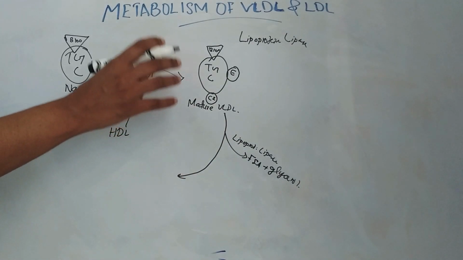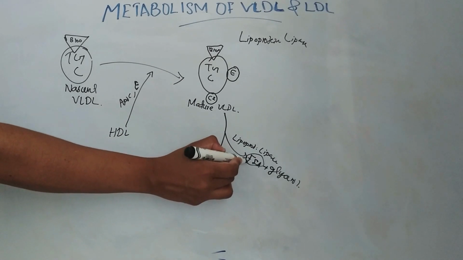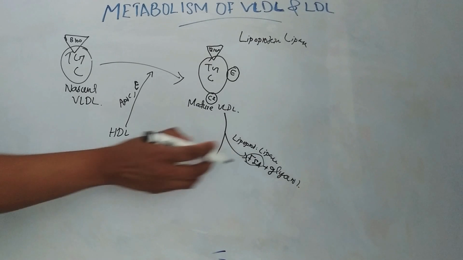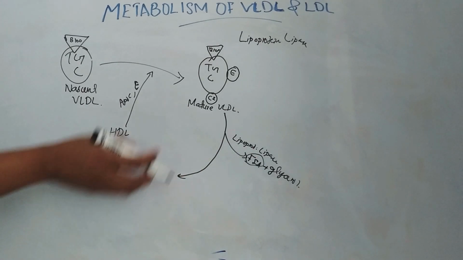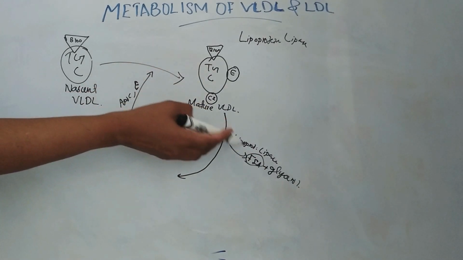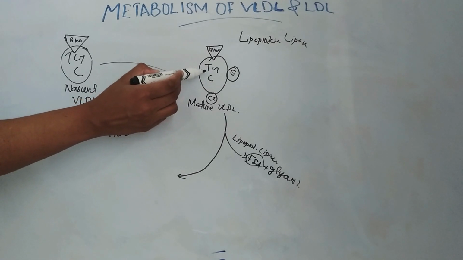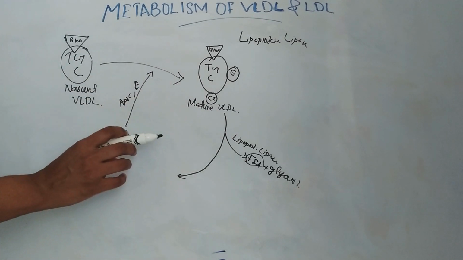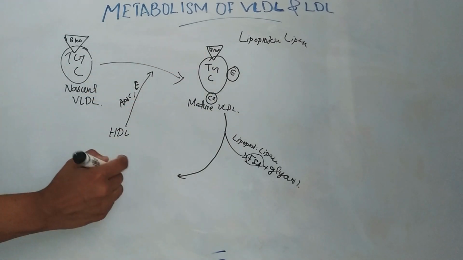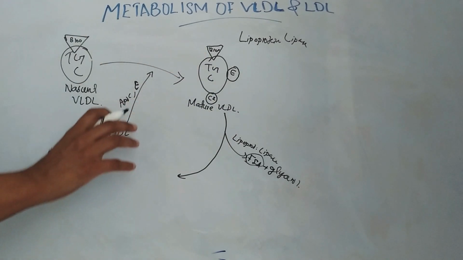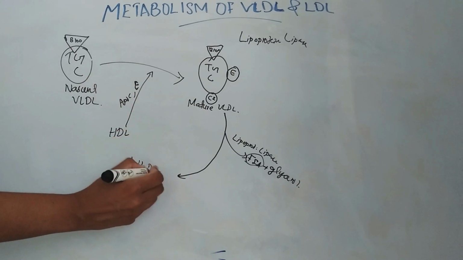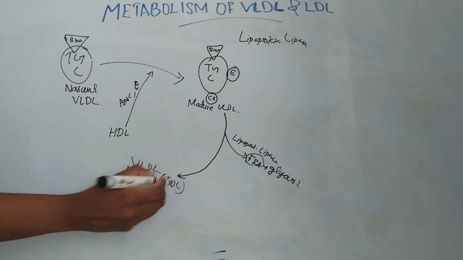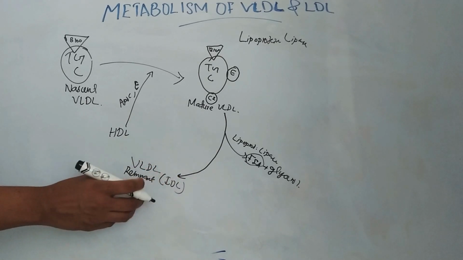Then most of the released free fatty acid is taken up by the tissue cells. Then glycerol is taken up by liver. So, as the lipoprotein lipase hydrolyzes the triacylglycerol, the triacylglycerol content in mature VLDL will decrease, and it is converted to VLDL remnant, that is known as IDL, intermediate density lipoprotein.